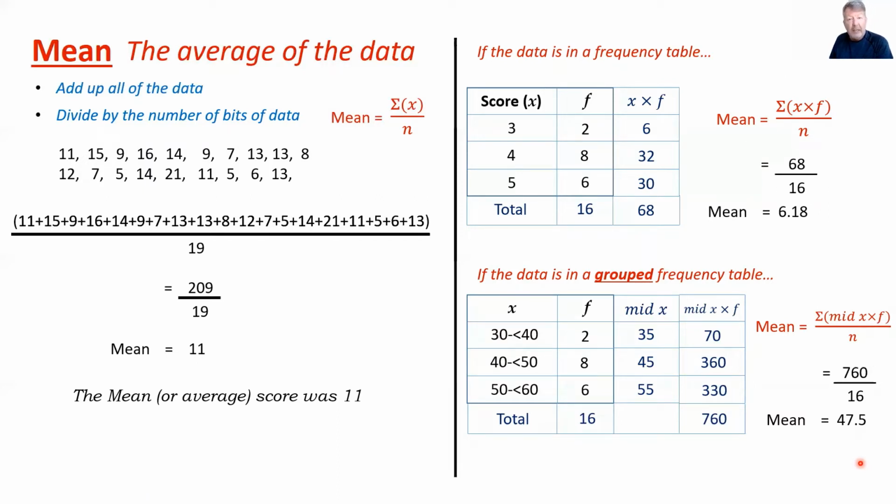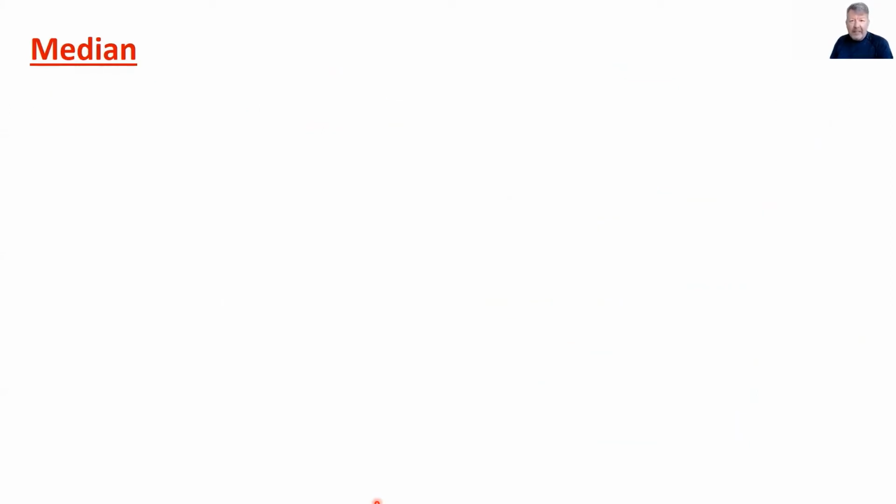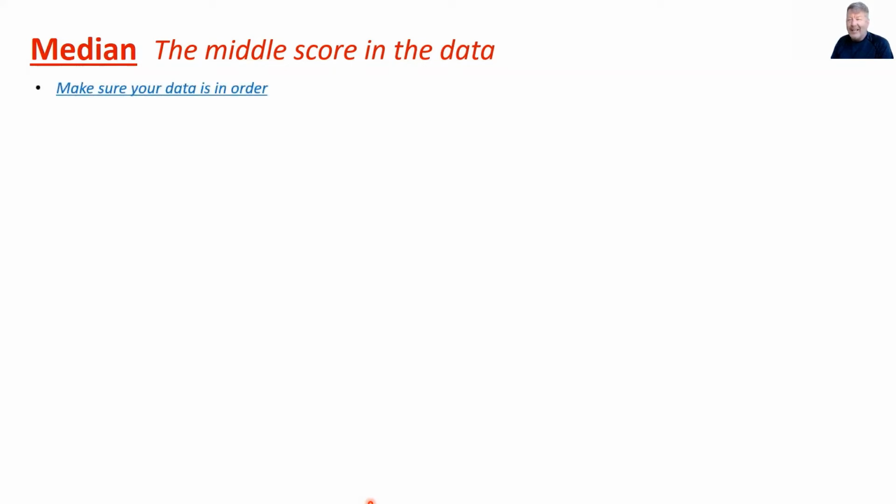Next one we're going to look at is median. Now remember, median means the middle piece of data, as it says up here, the middle score. So what we have to do first, this was the painful one, is get all of your data in order. Now I'm going to skip through the steps here and then we'll do an example. If the middle bit of data is a number, then that's the median.